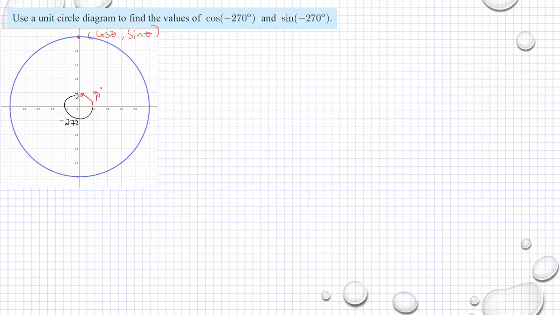That means our x value is 0 and our y value is 1. So cosine negative 270 is equal to 0, and we have the sine negative 270 is equal to 1, as you can see there.